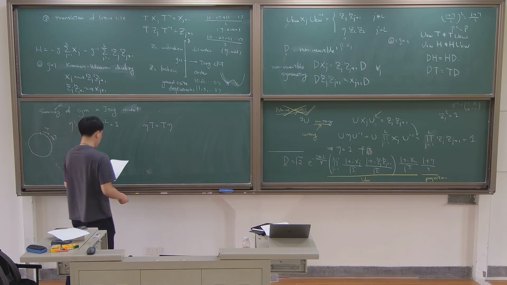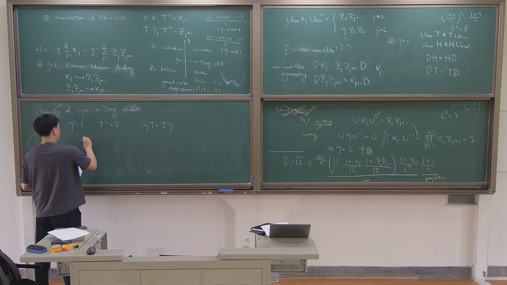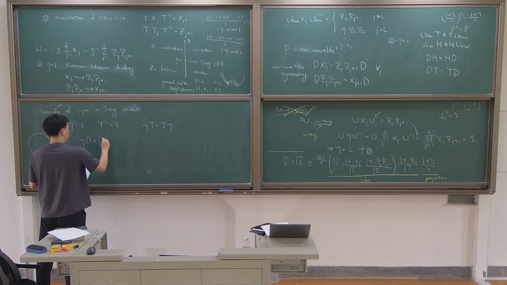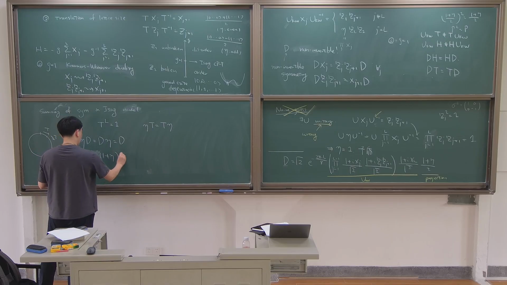And then we can show that A D is equal to D A is equal to D, and D squared is equal to 1 plus A, times translation.